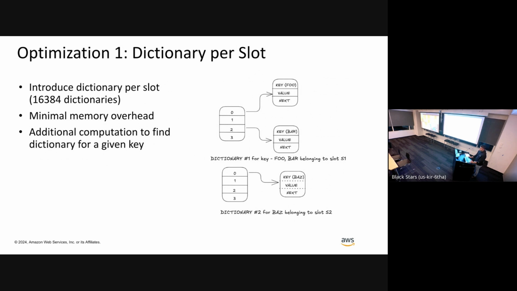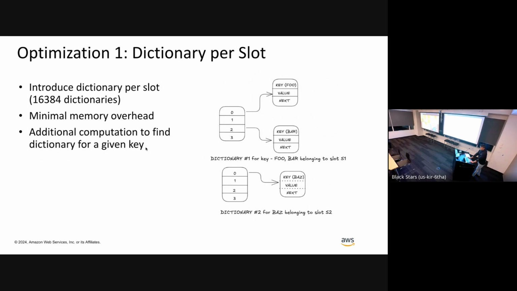So the command cluster get keys in slot can now retrieve the dictionary which holds the data for a given slot and get all the keys when you traverse over it. This eliminates the fixed overhead per key, which was 16 bytes. Rather, we were able to solve it with 1 MB of overhead per node, which is pretty low when you see multiple millions or billions of keys.